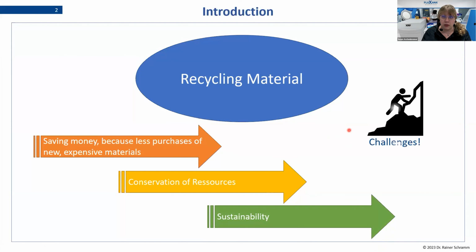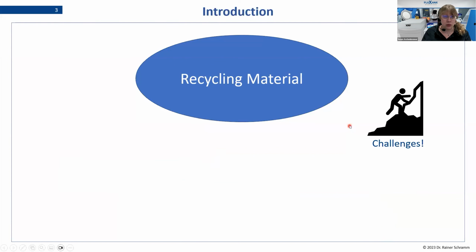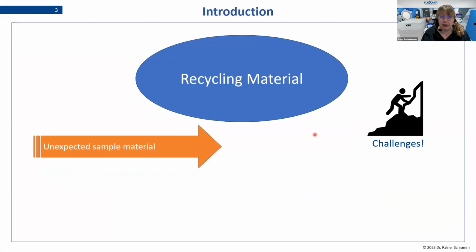Using recycling material can have several challenges during the process. Let's have a look at which challenges it can have for measurement of these recycling materials. First of all, there might be unexpected sample material.